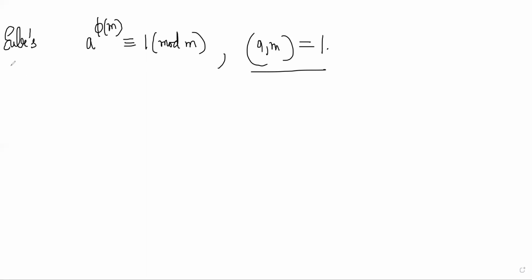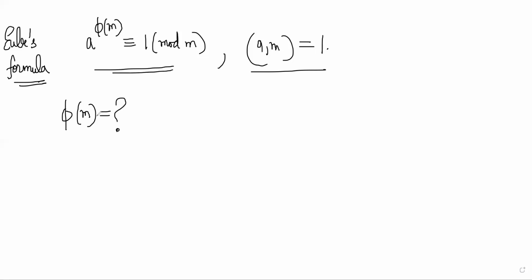This is understood, how it has come out. So this is a useful result, but the problem is that we can't use it much unless we know the value of phi of m properly. We need to be able to find phi of m. Then only we'll be able to use this result, right?